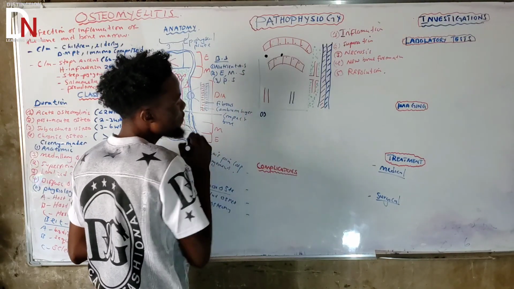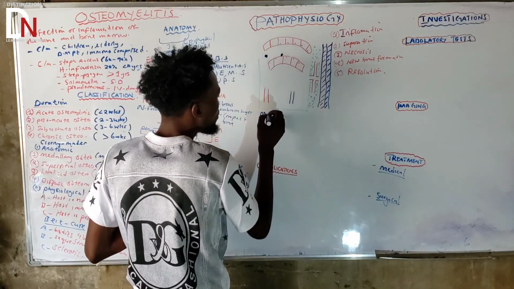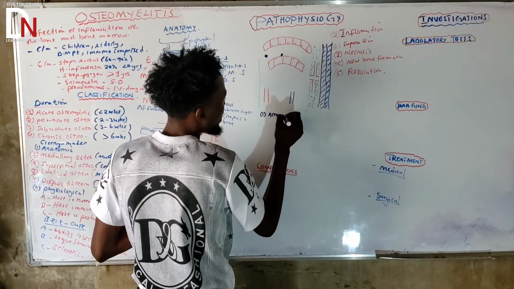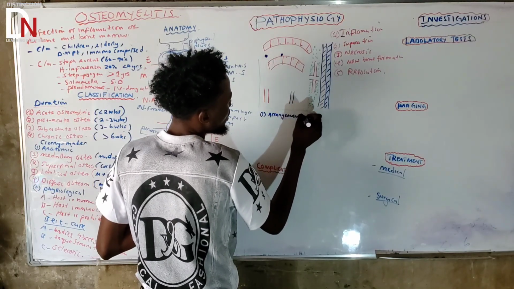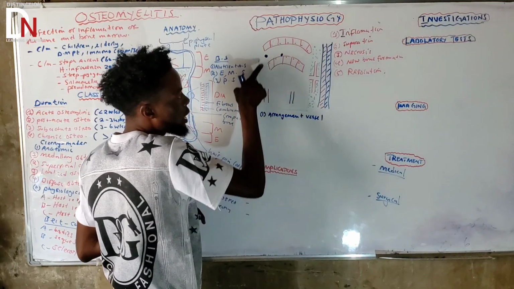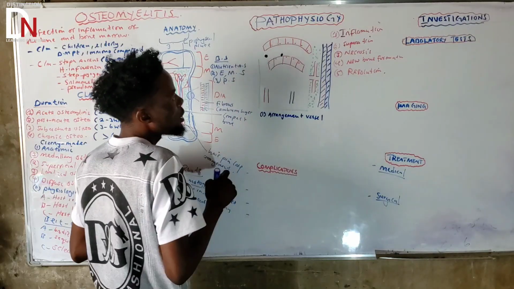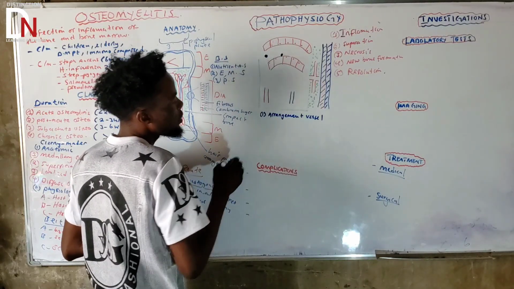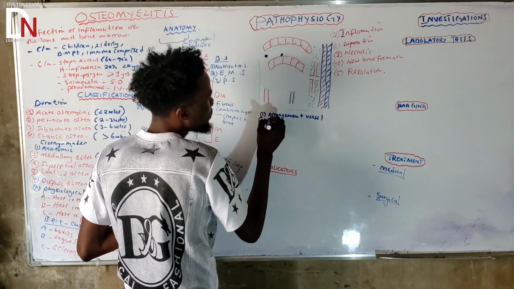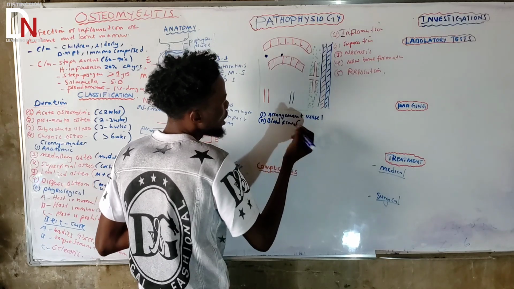The first factor is the hairpin loop arrangement of the vessel, which is the reason it can attack the endothelial lining in there. The second reason is blood flow. Blood flow is turbulent.